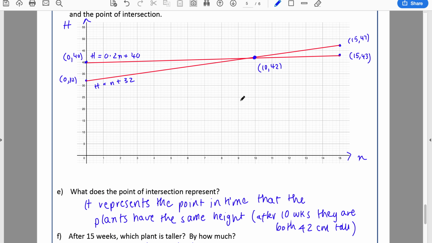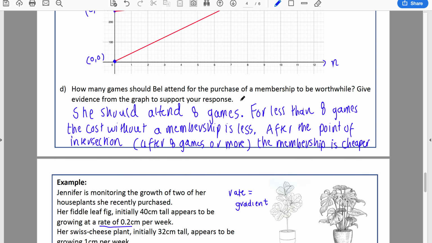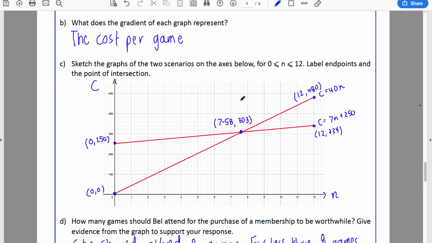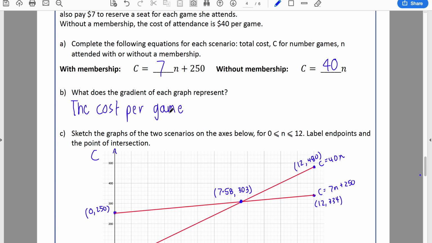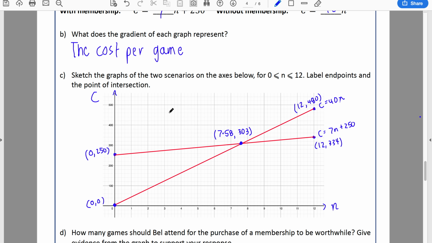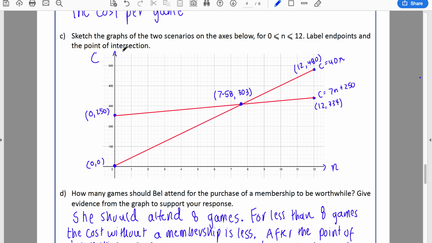So you'll see there are lots of similarities with what we've done here compared to what we did last lesson. Last lesson, we did this one up here where we had, again, two different equations, two different gradients, two different y-intercepts. We had to describe what the gradient represents. We graphed them.